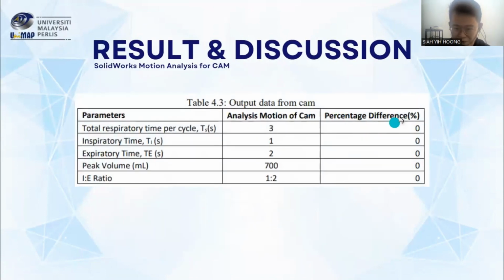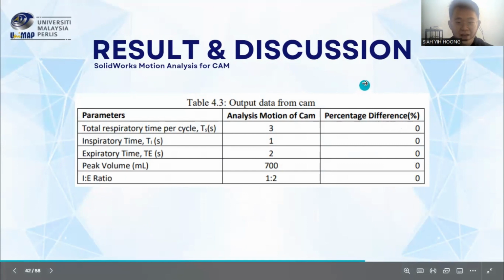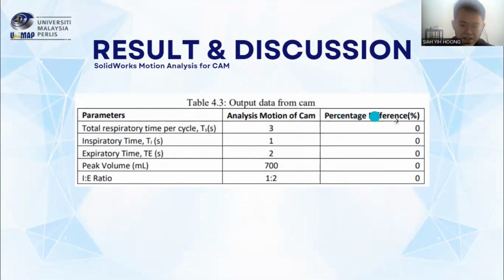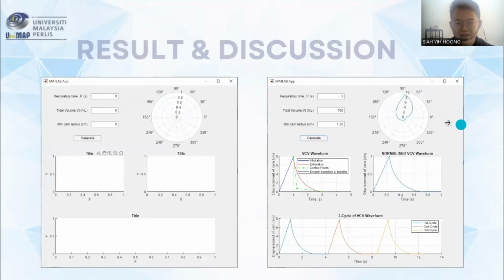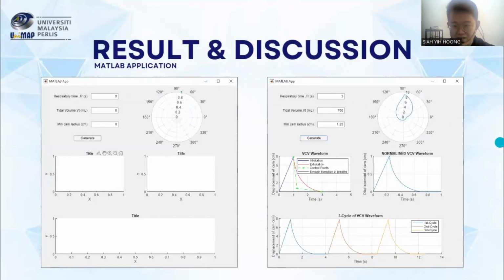Hold on, 0% difference, because we are still in simulation. And this 0% difference can only prove that our theory is correct, so that we can develop a MATLAB standalone desktop application to generate another cam profile.